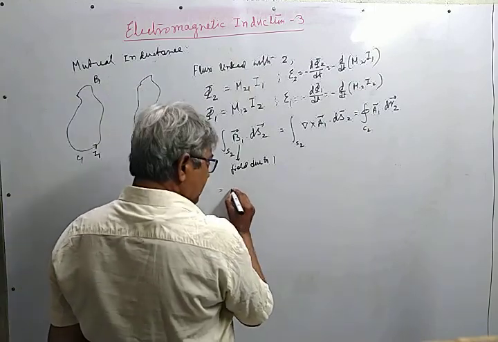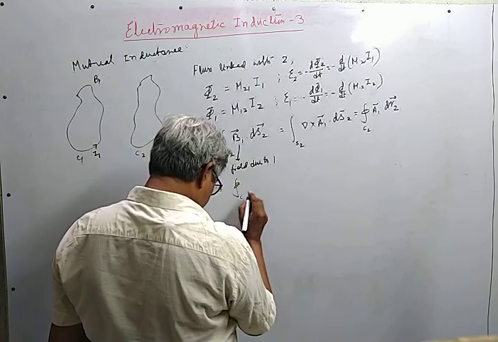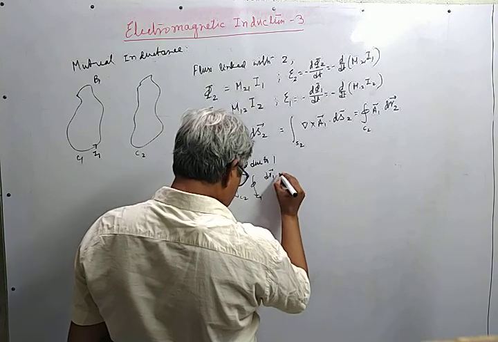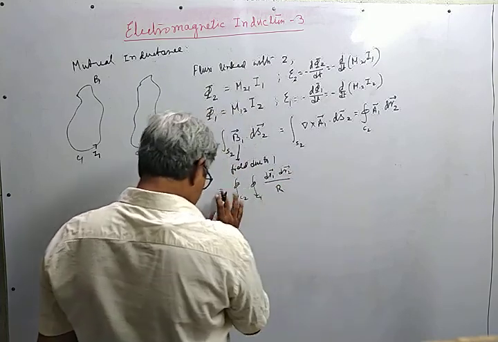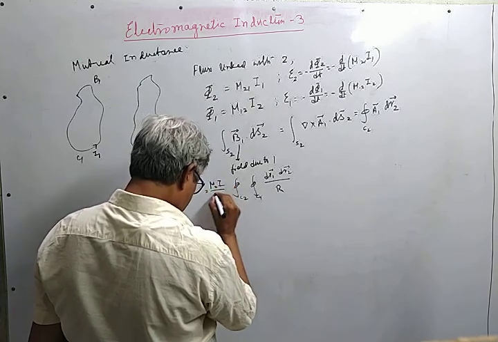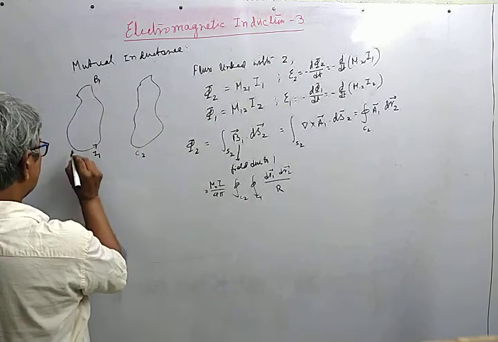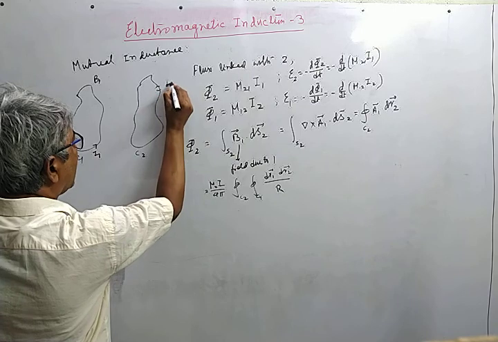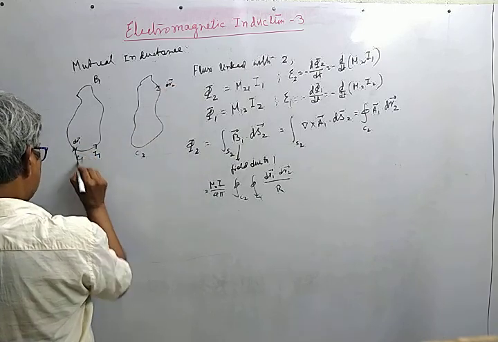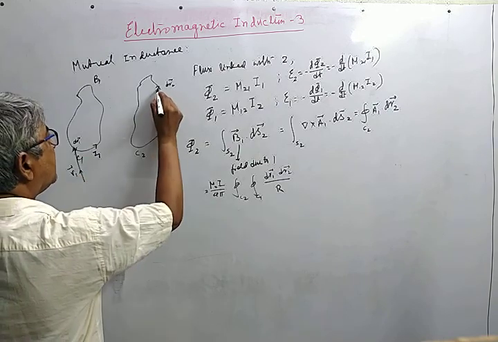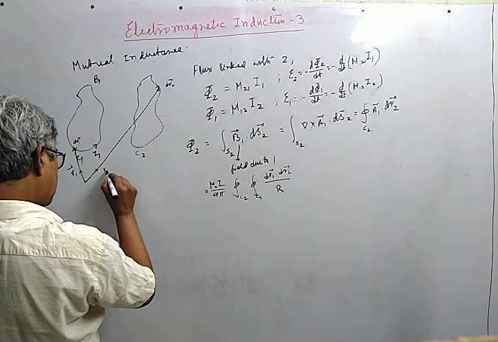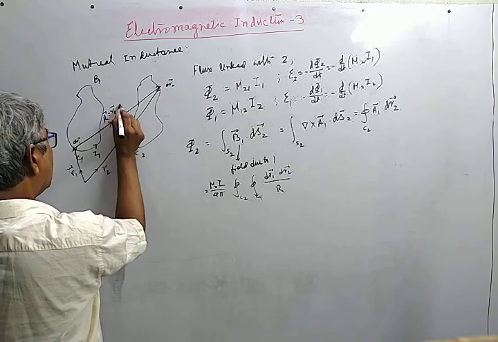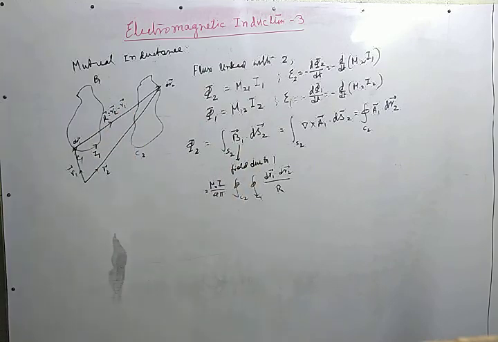Let me write first C2, and for A1 we write, where we have used the notation that this is dr1, this is dr2, this is r1, this is r2, this is capital R. This is the geometry that we have used.